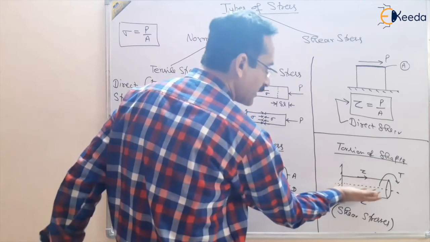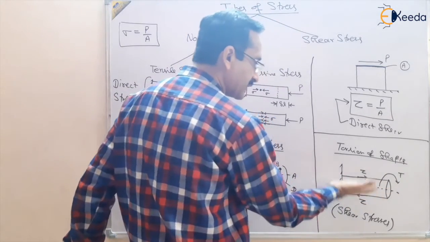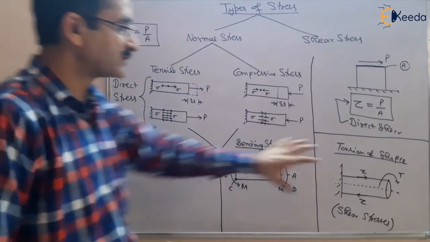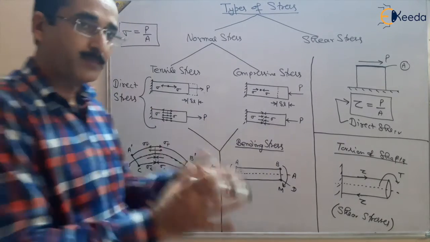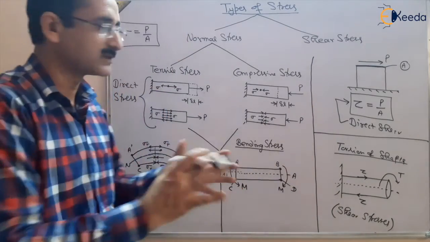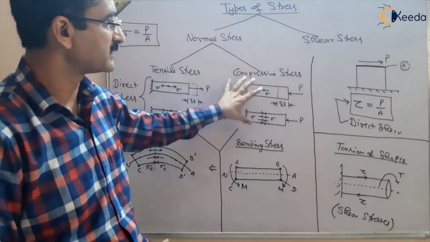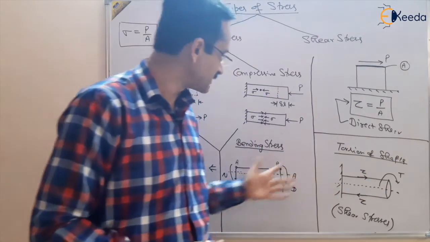If there is a central axis, above the central axis and below the central axis shear stresses will be developed. Later on we will study this separately as a chapter. For the time being, in this chapter, simple stresses, we are going to study direct normal stresses and direct shear stresses. The other is a separate chapter, we will study it later.